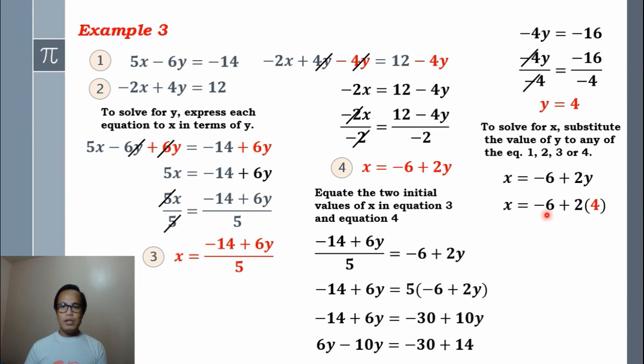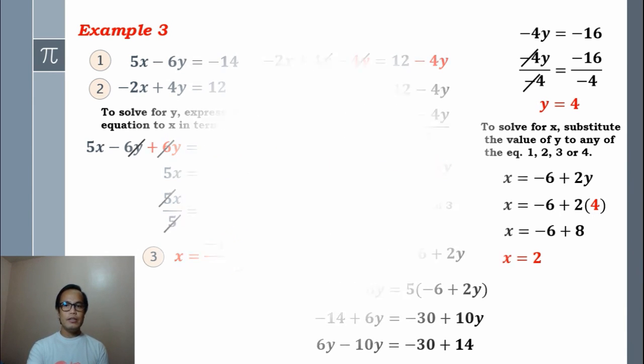So we have x equals negative 6 plus 2 times our y, which is 4. Then we simplify. We have 2 times 4 is 8. And last, x equals negative 6 plus 8 is positive 2. So therefore, the values of x and y are 2 and 4 respectively for this set of equations.